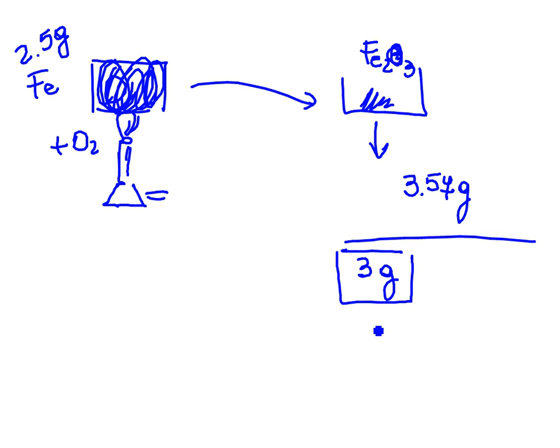Now, how much percentage does this represent? If we had obtained this 3.57, that would represent 100% yield. Okay? But this number represents another one, and I assume that you know how to calculate percentages.